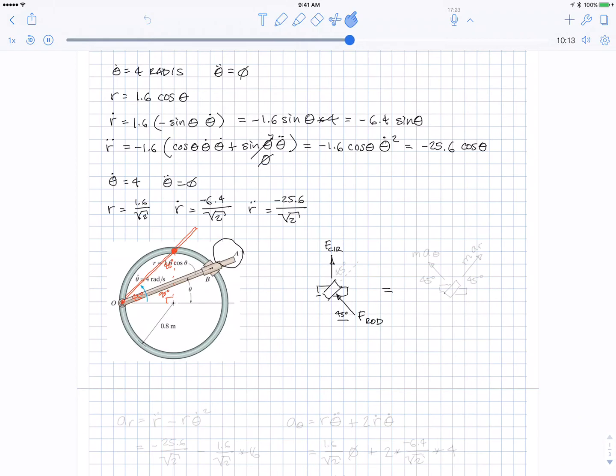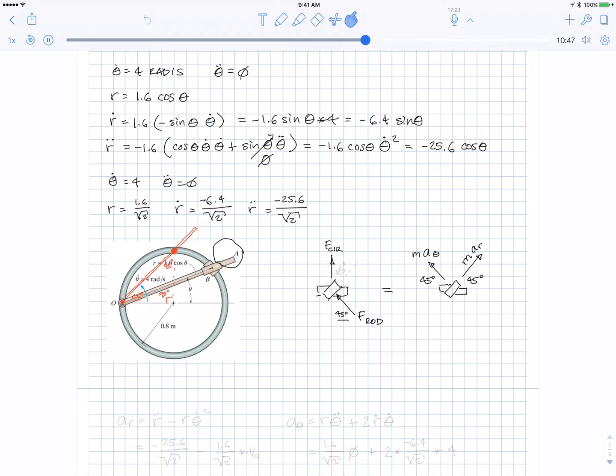Okay, so that will equal, when we're at 45 degrees, let me try and draw that again. There's that collar with this extra piece here. So we're going to have m a radial and m a theta, and everything is at 45 degrees. So you can't go wrong. Everything is 45 degrees.